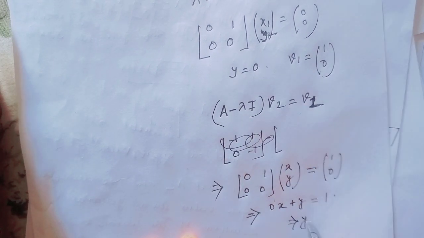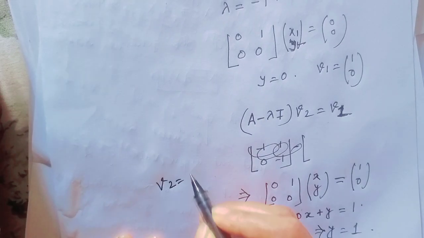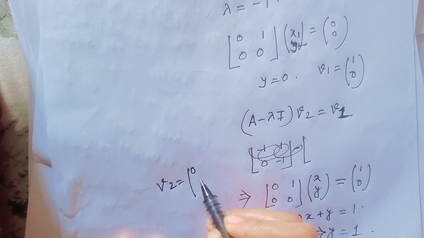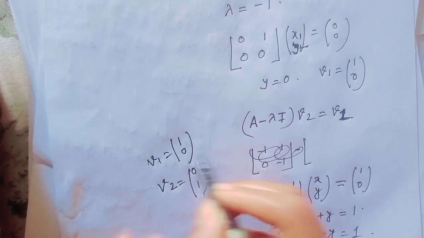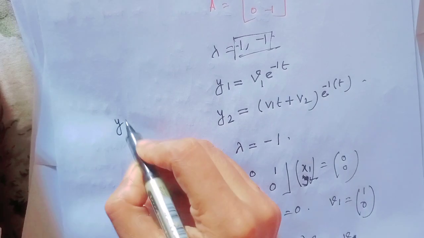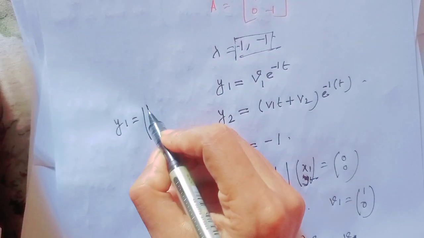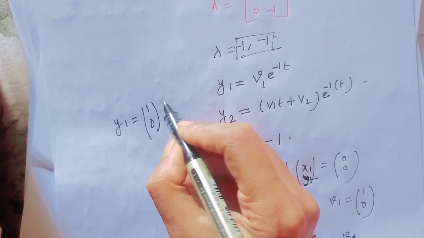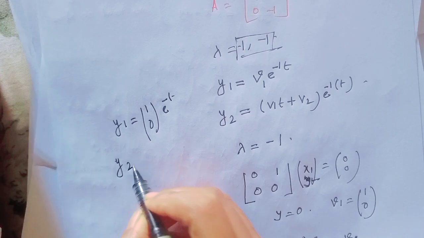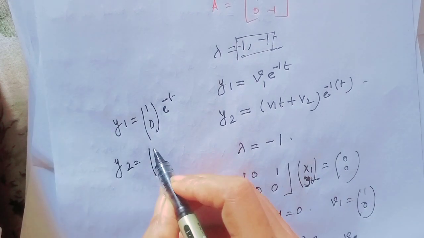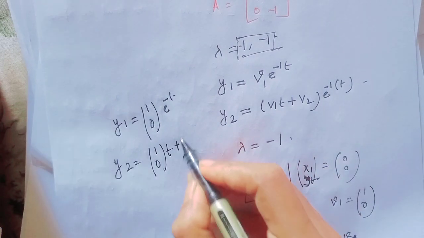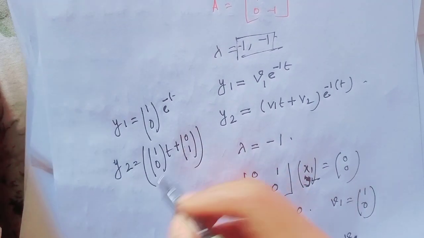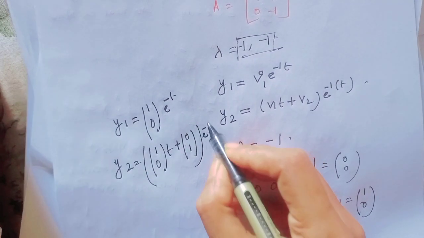That means the value of y equal to 1. So v2 equal to [0, 1] and v1 equal to [1, 0]. Then the solution would be y1 equal to v1, meaning [1, 0] e to the power minus t, and y2 equal to v1 t, meaning [1, 0] t, plus v2 [0, 1], times e to the power minus t.